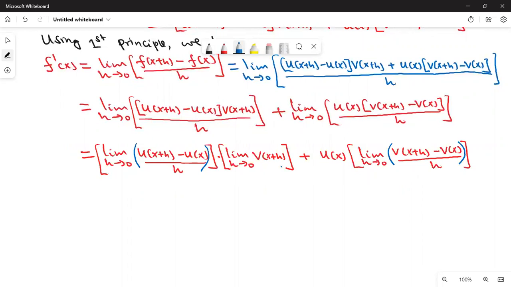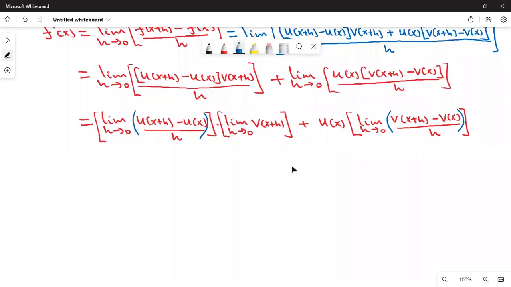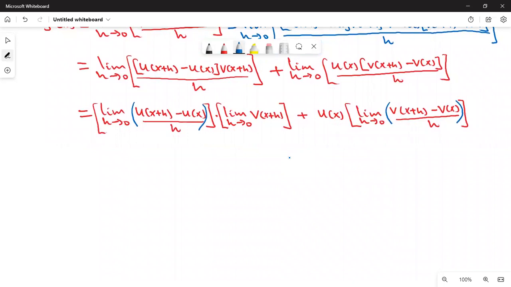So now you need to ask yourself, which technique can I use here? The best way is to use direct substitution to evaluate this limit. When we use direct substitution, look at the first bracket. From the definition of derivatives, that's the same as u prime of x. Thus, u prime of x is written, from the first principle, as the limit as h approaches 0 of u of x plus h minus u of x, everything over h.